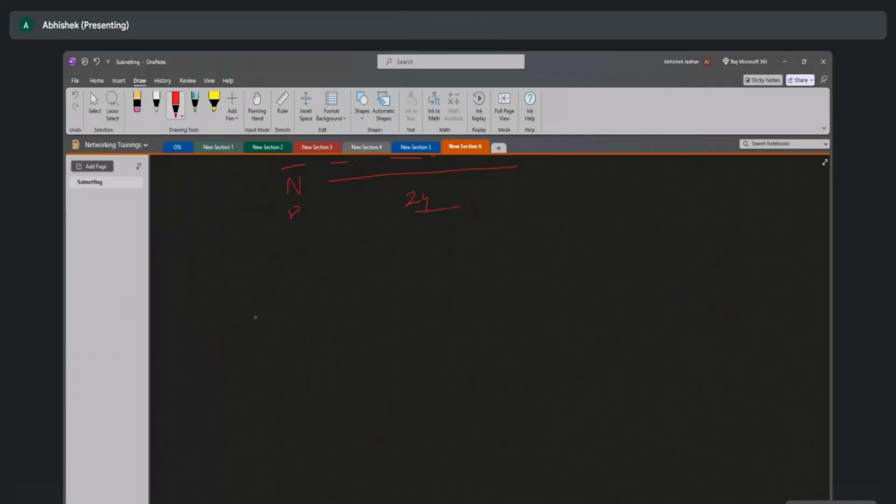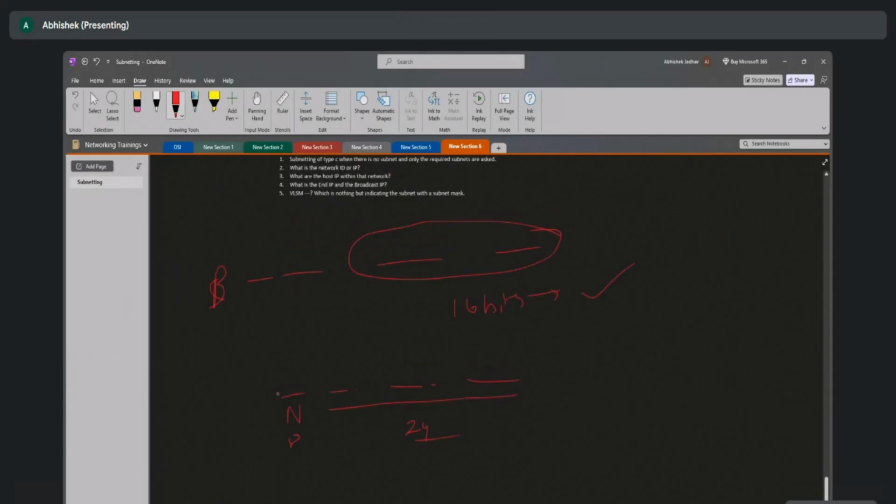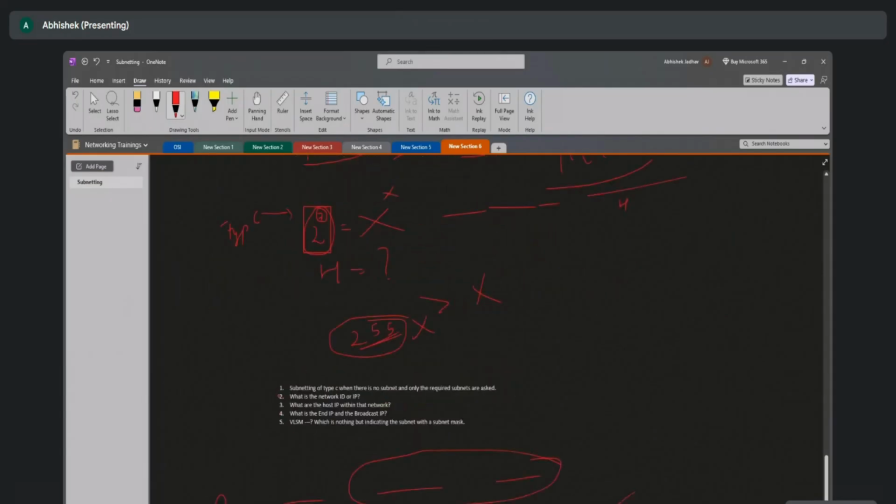Right. So what is the subnet mask of this, which we did for 192.168.10.0? What will be the subnet mask? It is /27. The reason being you are carrying three network bits here, right?